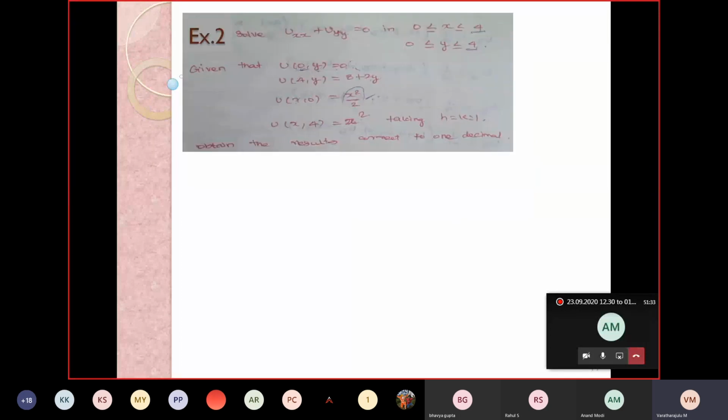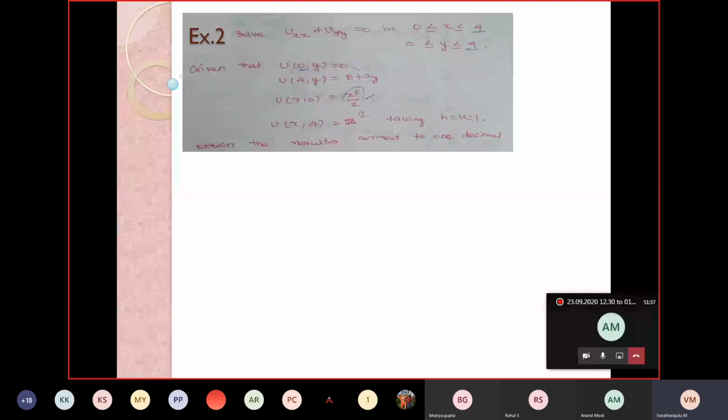And this is problem number 2. That is exercise number 2. Please make a note. Tomorrow we will solve this problem. Solve uxx plus uyy is equal to 0, where x varies from 0 to 4 and similarly y varies from 0 to 4. And we have 4 different boundaries.